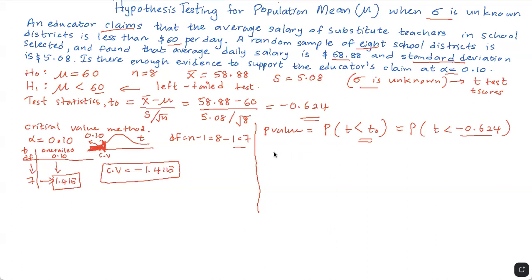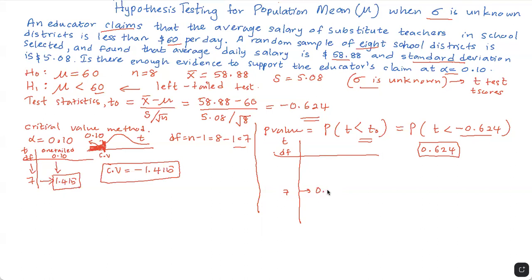First you need to look at the degrees of freedom, 7, and then you need to find two t values that 0.624 falls between.